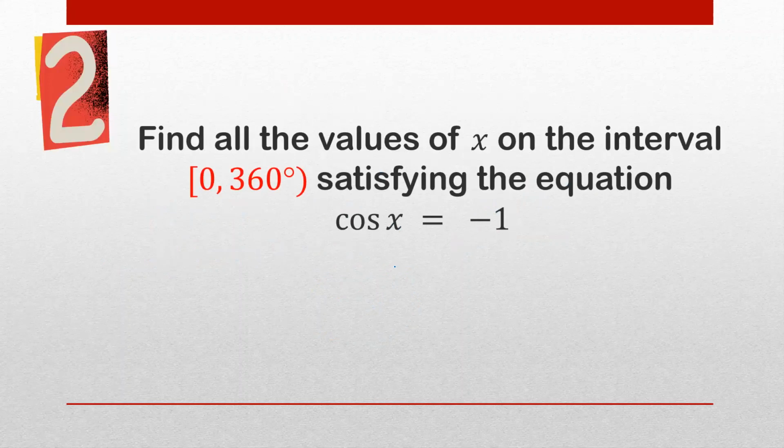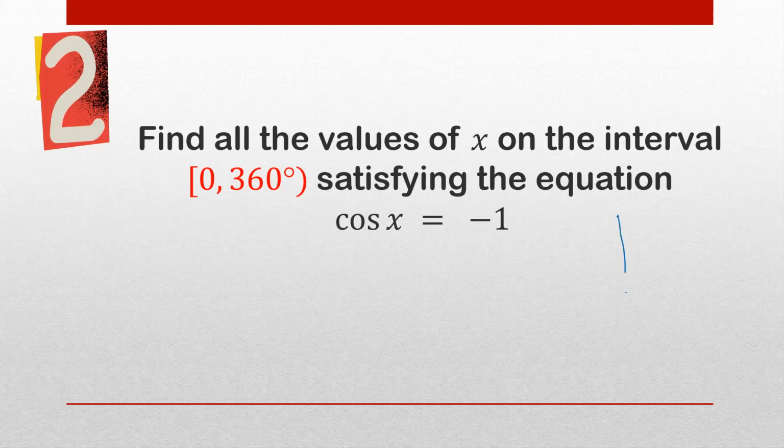Find all the values of x on the interval 0 to 360 satisfying the equation cosine x equals -1. Okay, fast forwarding our timer. Ayan, so cosine x equals -1.